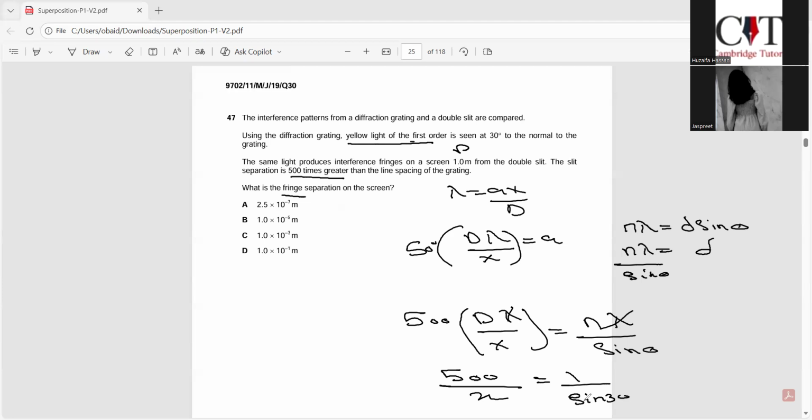250. Is the calculator in degree mode or radian mode?